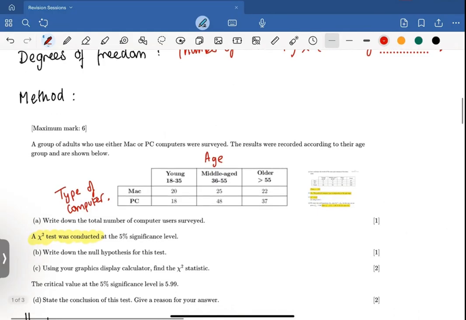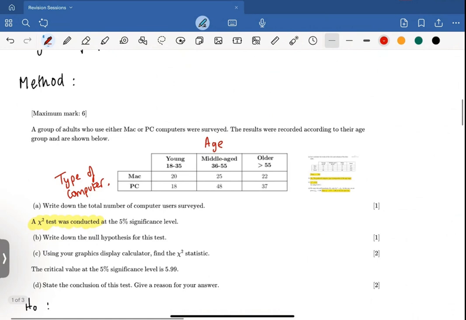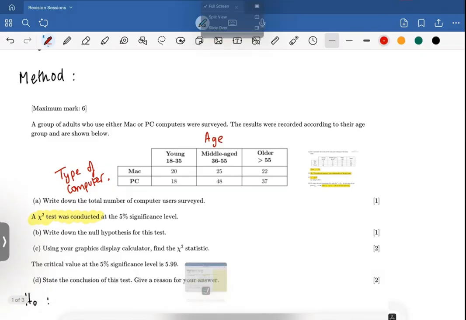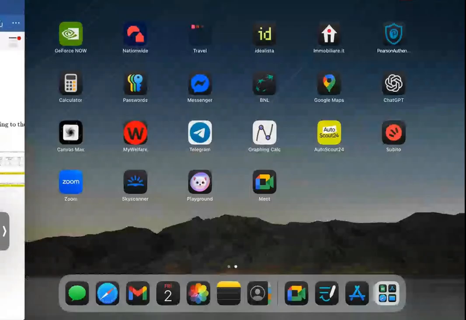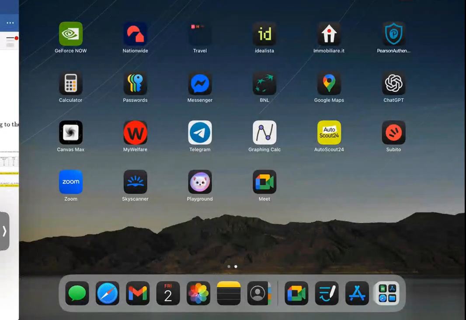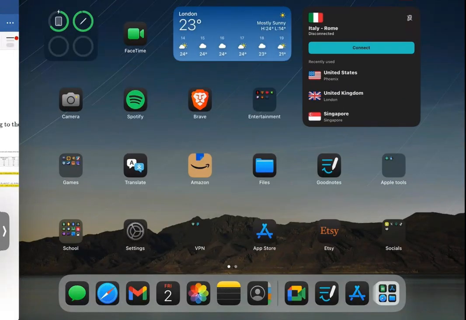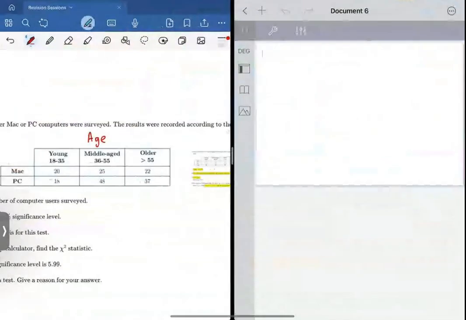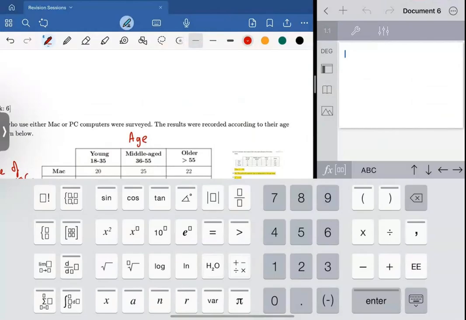Now, one thing that we've been asked to do is write down the total number of computer users surveyed. Now, sometimes this information is included on the table, but you'll notice that we don't have totals here. So we're going to add these numbers up and figure out what the total number of people were that were asked. Just grab my calculator. So let's add these numbers up.